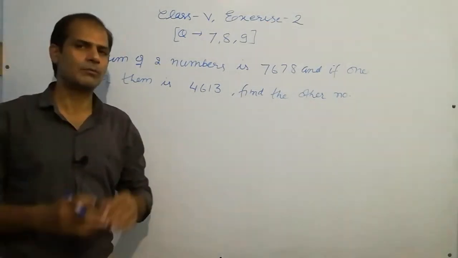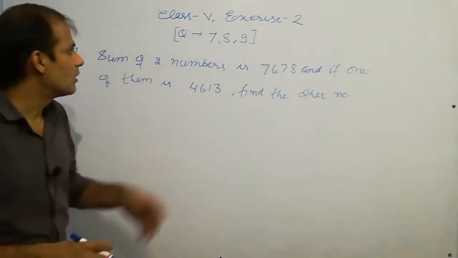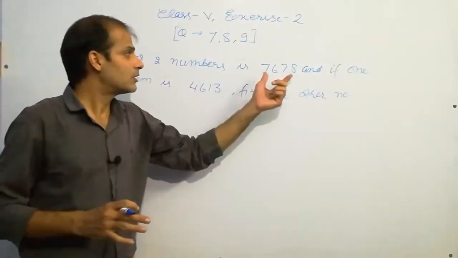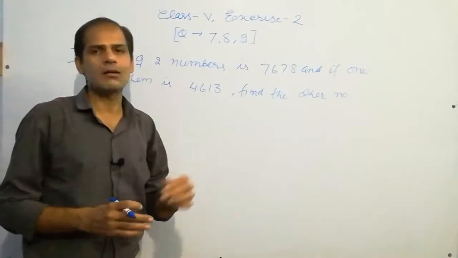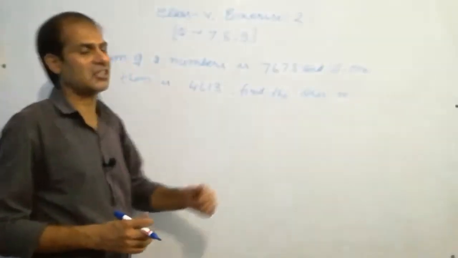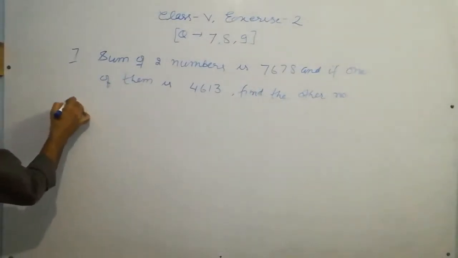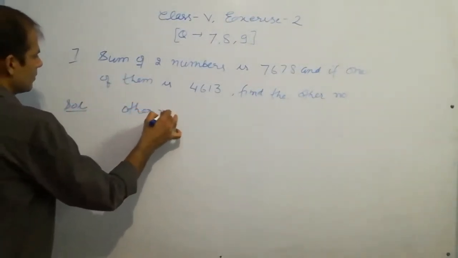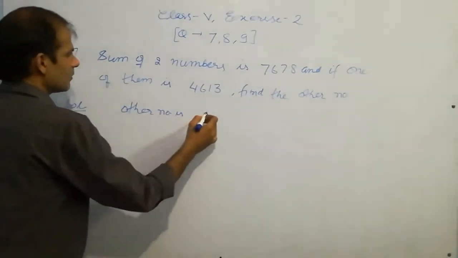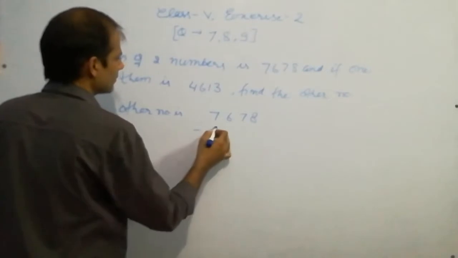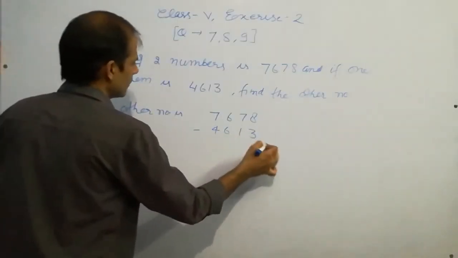In this case you will perform subtraction, because the sum of these two numbers is this number. So if you know one number, you can find the other number by subtraction. So you can write: other number is 7678 minus 4613.